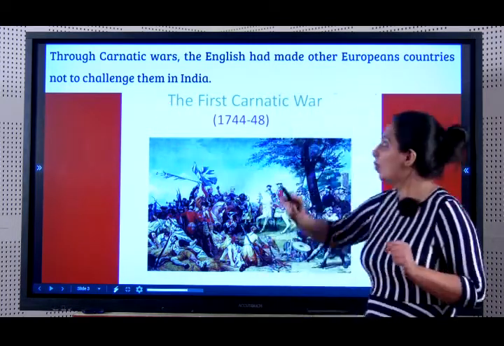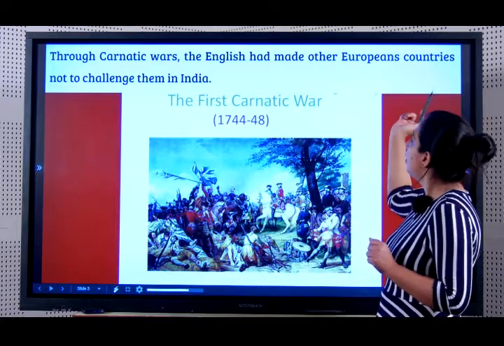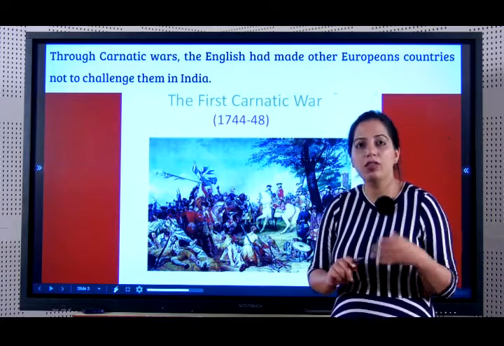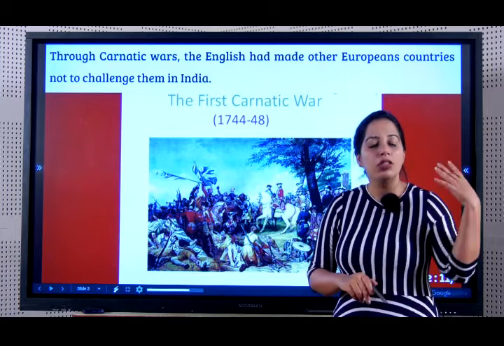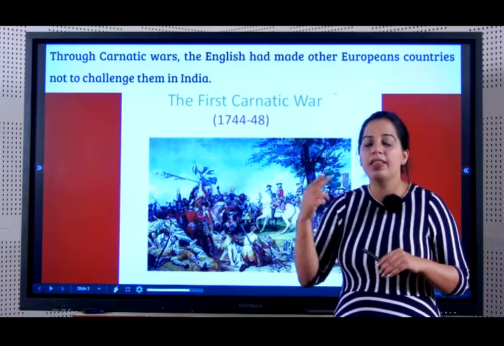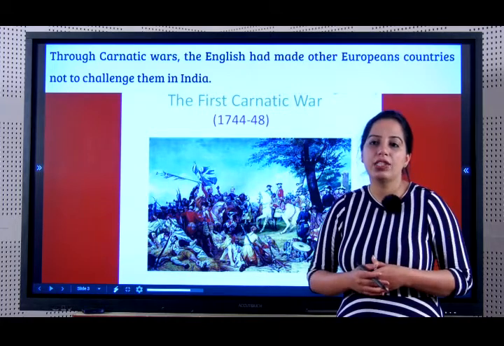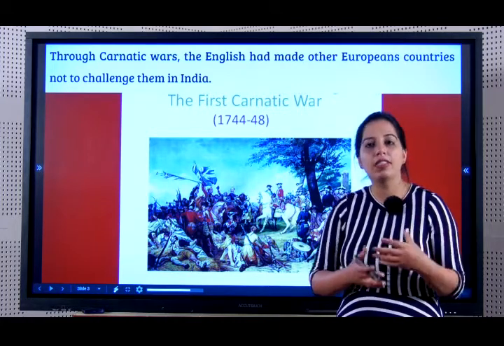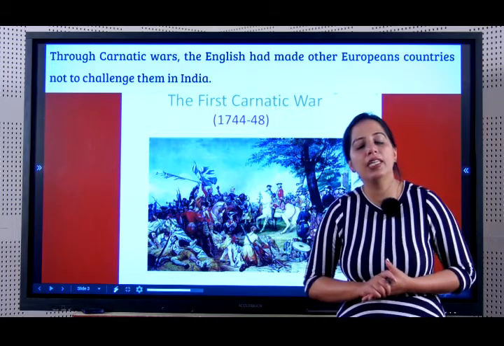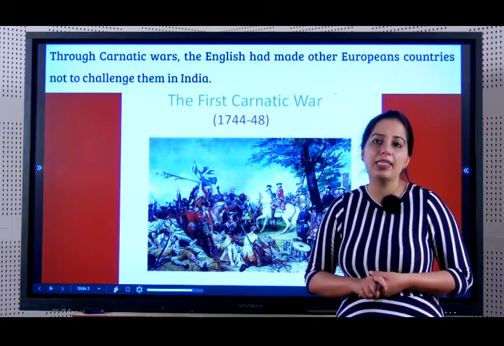Through the Carnatic Wars, the English made the other European countries not challenge them in India. So the Portuguese have gone, the French have gone, the Dutch have gone, only the English are left. And of course, in different parts of India, different Indian rulers are ruling as kings.